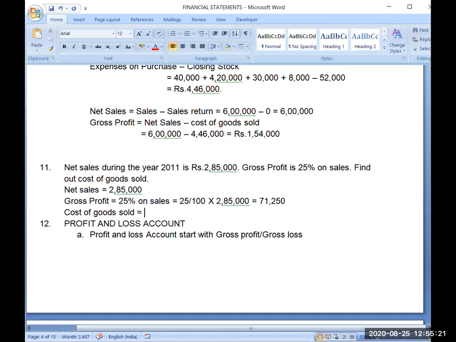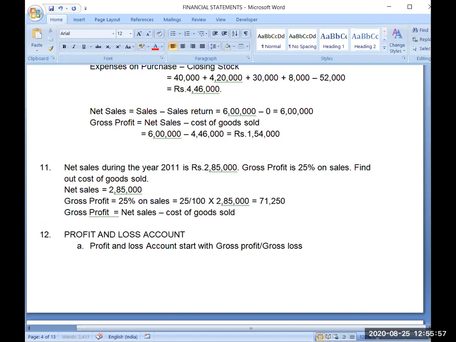Cost of goods sold is equal to net sales minus cost of, net sales minus, I have to write first here gross profit formula, then you will be able to calculate this formula. Gross profit is equal to net sales minus cost of goods sold. So now net sales are 2,85,000.